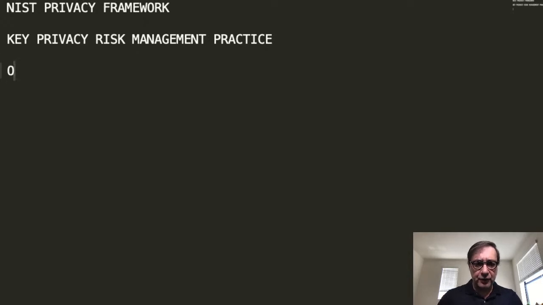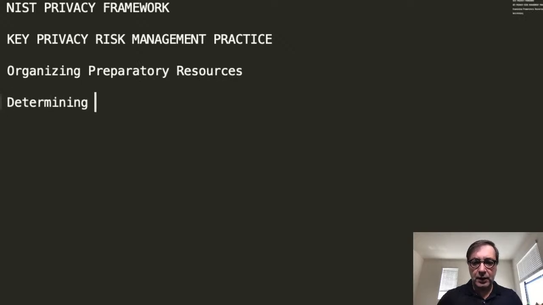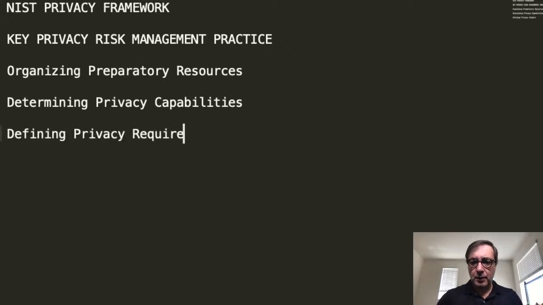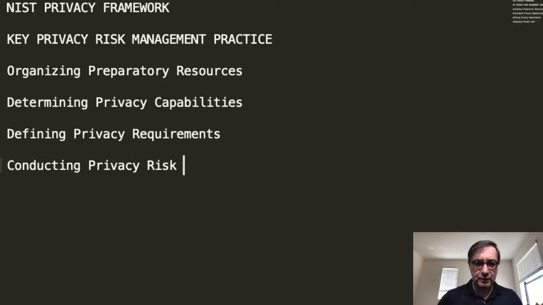Okay, so the first one is organizing preparatory resources. Then you have determining privacy capabilities, defining privacy requirements. Then you have conducting privacy risk assessments.